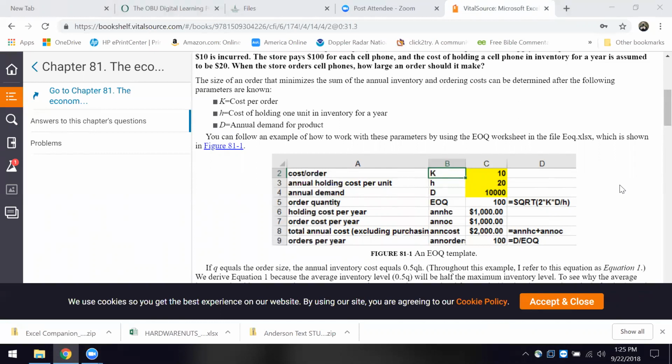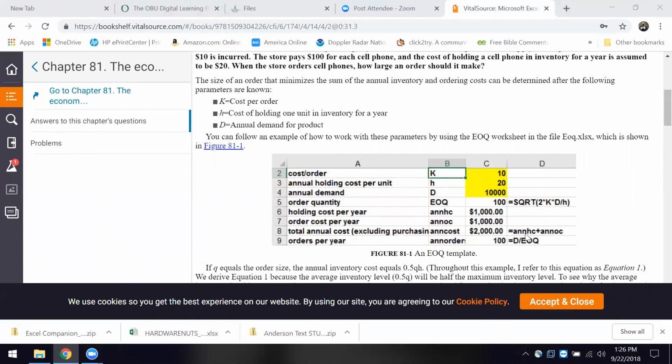All right, and you can see they show us, for example, here on the EOQ, it equals the square root of 2 times K times D over H. A little bit of a variation on what we had, but it produces the same number. Okay, and then we come to the total annual holding cost, and evidently they've created a name.